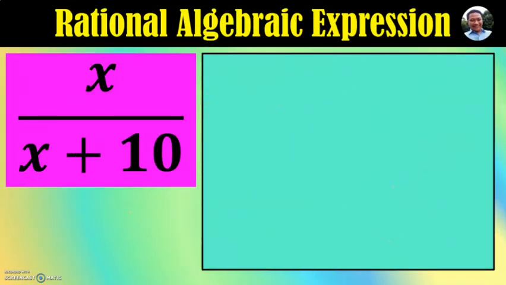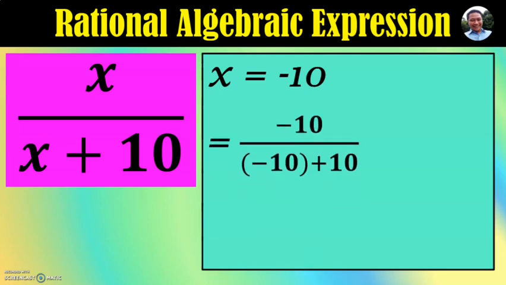X over x plus 10. A very good example of a rational algebraic expression. Say if x is equal to negative 10 and we substitute it to the given RAE, we now have negative 10 over negative 10 plus 10. So we simplify. We have here negative 10 over 0. So what is the answer?